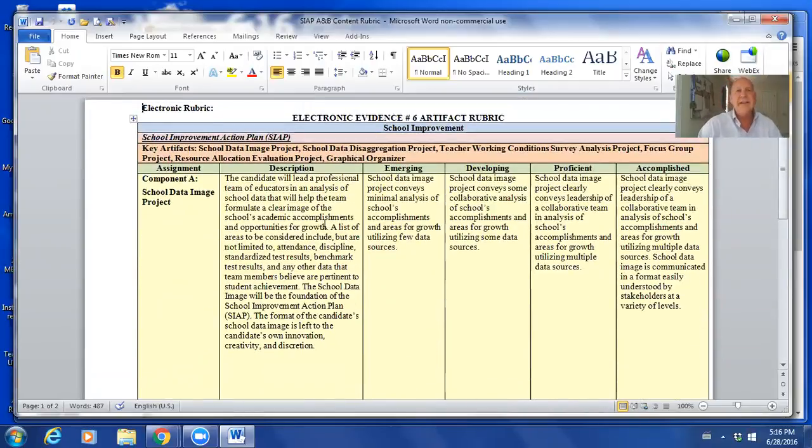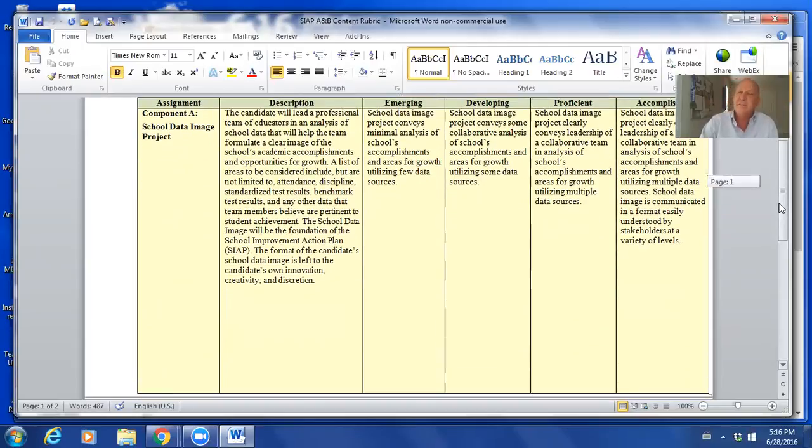It says to lead a professional team of educators. If you're on the school improvement leadership team, that works for me. If you have a data team that you're working with, a PLC, great. If you have 2 or 3 other professional colleagues you can pull together to look at this data together, fine.